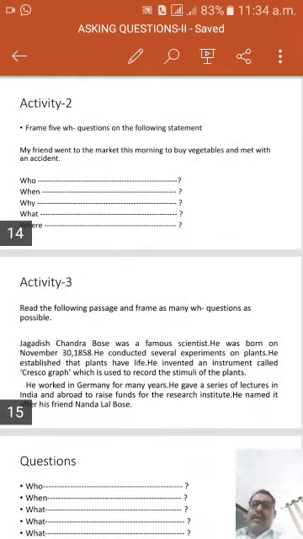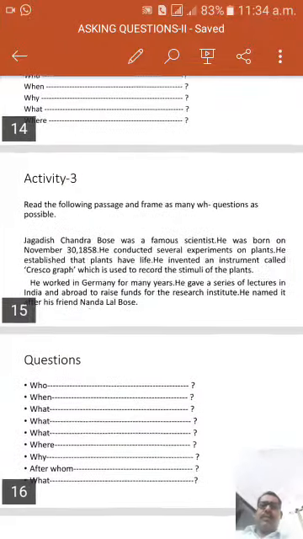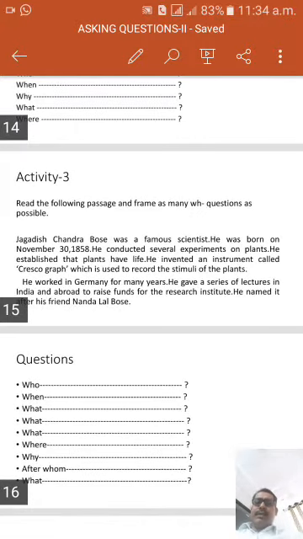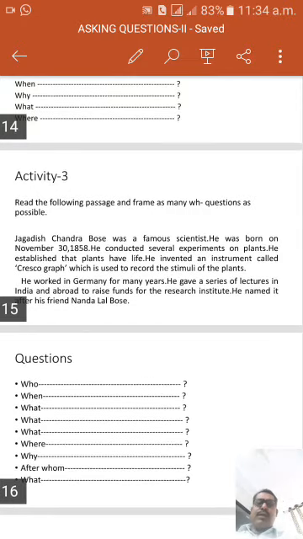Next activity is, one passage is given. Read the following passage and frame as many WH questions as possible.